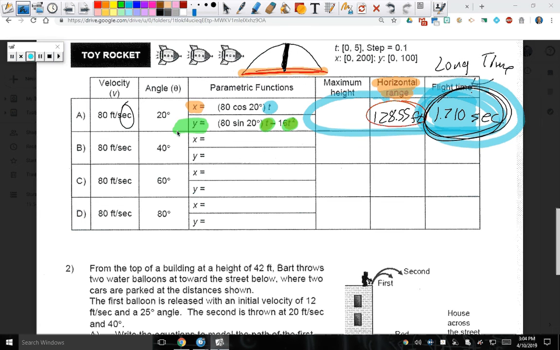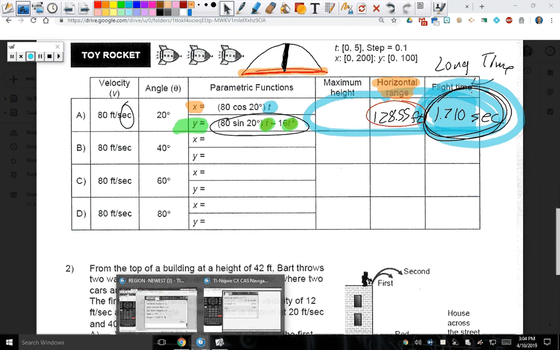Y is the height. X is the horizontal travel. You with me? Or again, X is the position x-wise and Y is the position y-wise. You with me? So let's put 0.855 in this equation right here. Okay? Here we go.